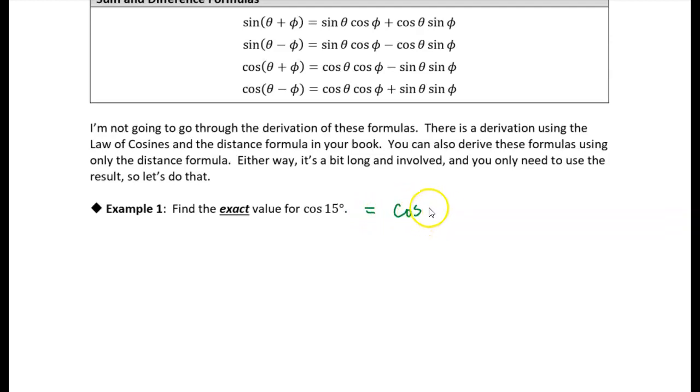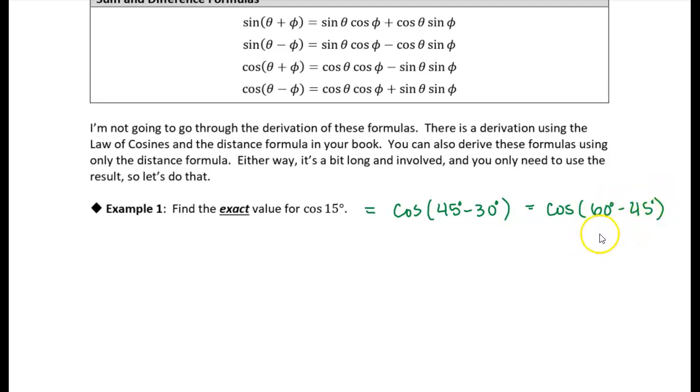Okay, because we can express the cosine of 15 degrees in a couple of different ways. 15 is 45 minus 30, right? And we know the sine and cosine for 45 degrees, and we know the sine and cosine for 30 degrees. Another way we could do it is that 15 degrees is also 60 degrees minus 45 degrees.